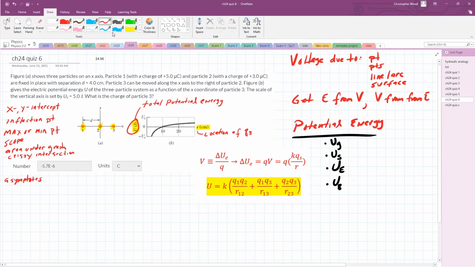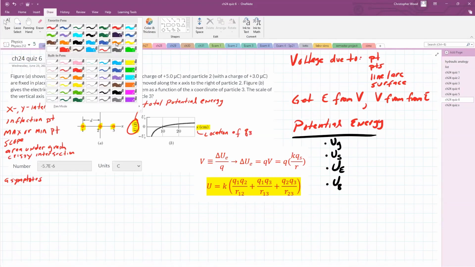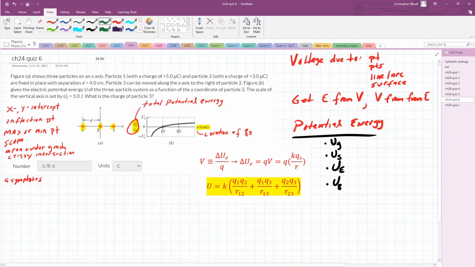Okay, so we have a few of those right now. I can't help but notice right away that this point right here is a crispy intersection point, and it's also the y=0 point. So that is certainly noteworthy to me. And then, does it talk about an asymptote? Particle 3 can be moved along the x-axis.